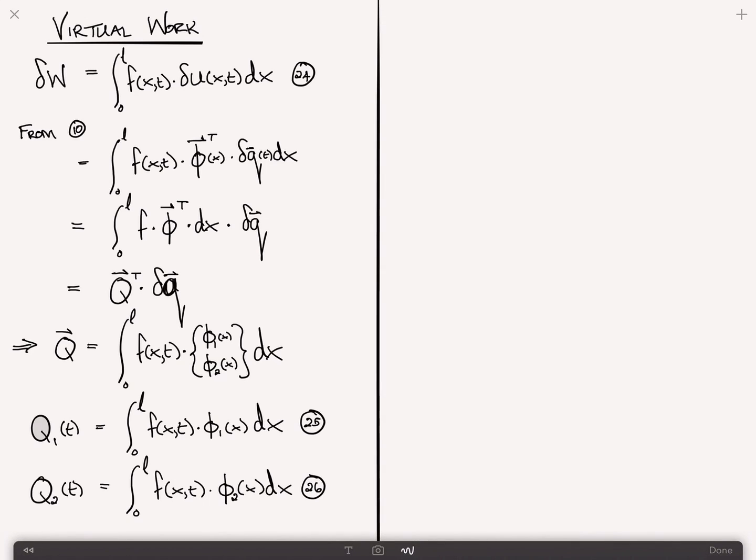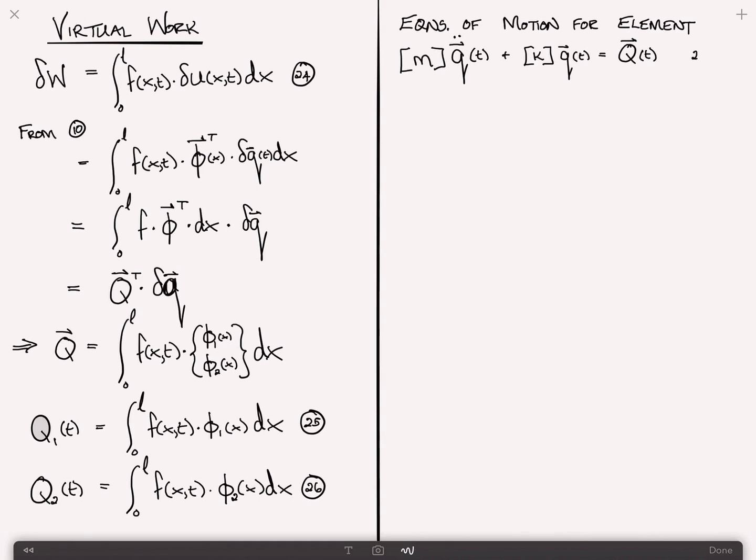Split the screen in two. Let me just recap what we've done. The equations of motion for the elements can now be written in the form M q double dot, which is a function of t, plus K matrix times q, also a function of t, is equal to your generalized force vector Q, which is also a function of t.